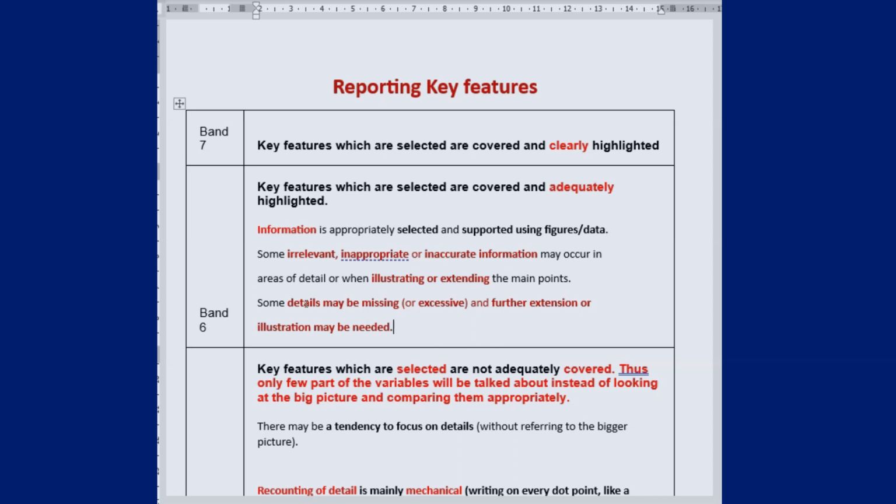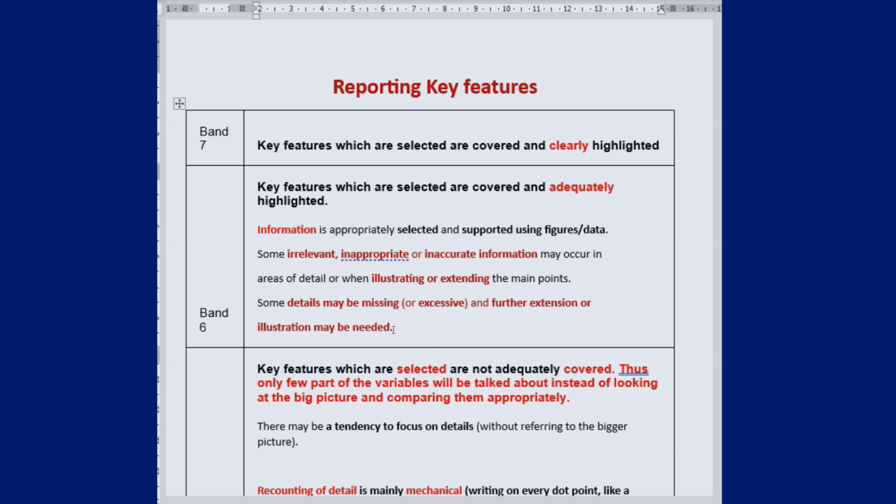For instance, the data shows a line graph where the change was mild, so the rise was quite minimal. But when you are writing, you wrote that the movement was fast, was rapid. That is an exaggeration.